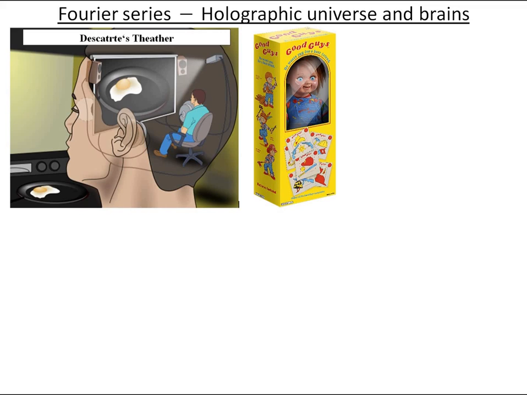Descartes' theater is also not the only theory which studies brains. It is just one of the popular ones, and popular does not mean right. The problem of the holographic principle, or plot holes, occurs from that holographic universe and principle.